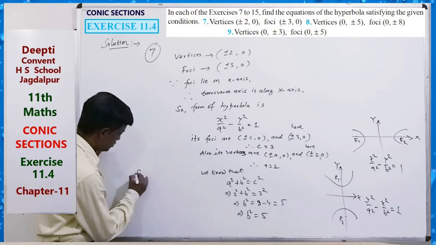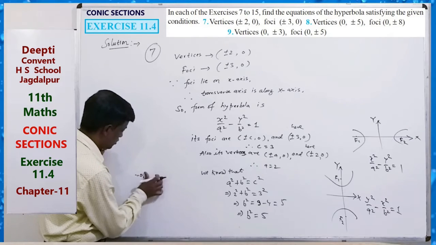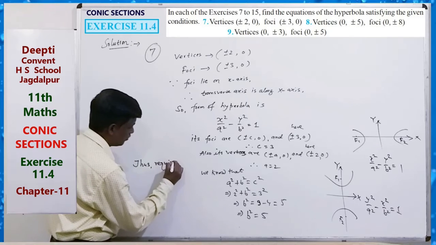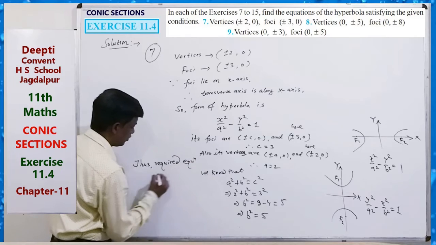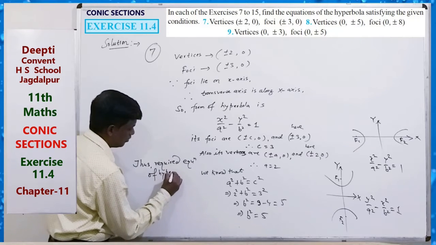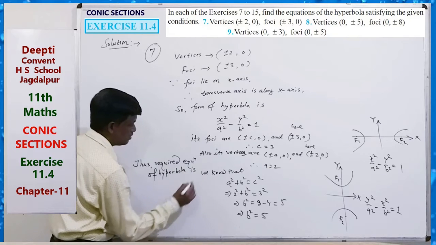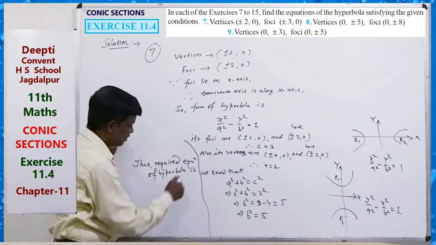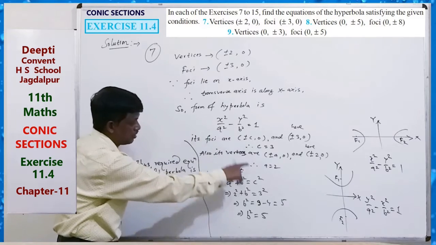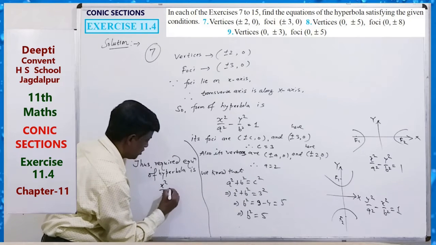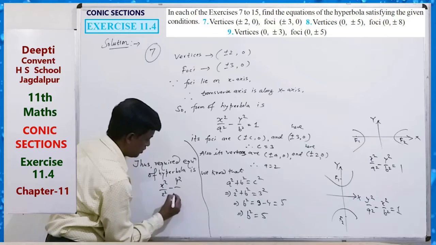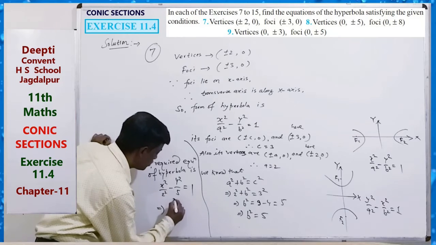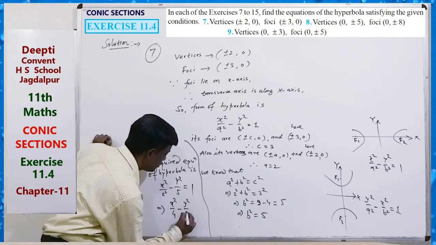Thus the required equation of the hyperbola is x square upon a square, 2 square, minus y square upon b square, 5, equals 1. So we can write x square by 4 minus y square by 5 equals 1.